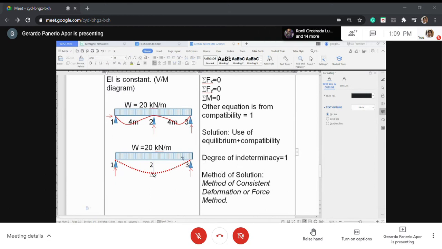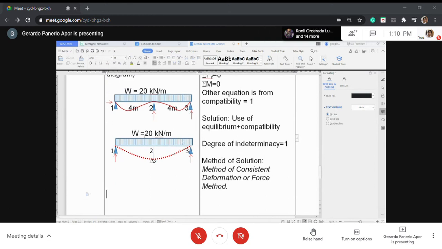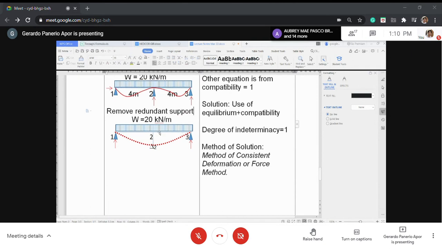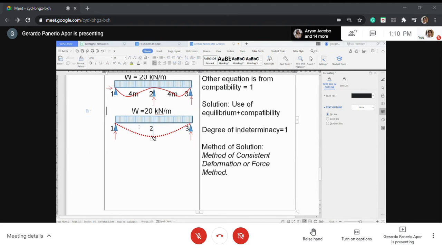So, karon ang isa ka case, so this is the one, no? So, remove redundant support. Redundant support. Mauni siya itong ibuhat, remove na to. Manatag remove. Ang sunod is, dinhiyo siya na ko na ibutang para di makasabog sa solusyon.